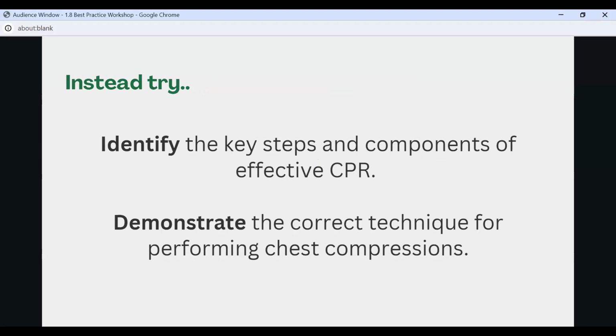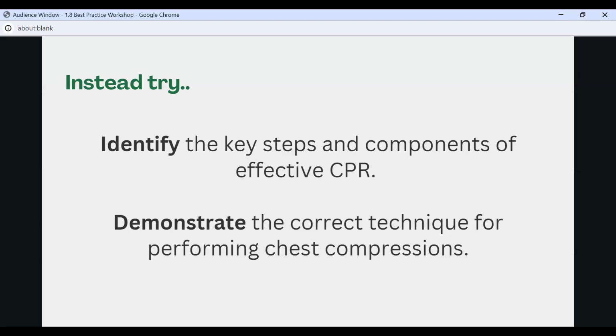So instead of, like you say, Catherine, these not very well-written learning objectives, we can substitute very specific verbs in their place, trying verbs like identify the key steps and components of effective CPR, demonstrate the correct technique for performing chest compressions, or as you say, perform chest compressions, right?